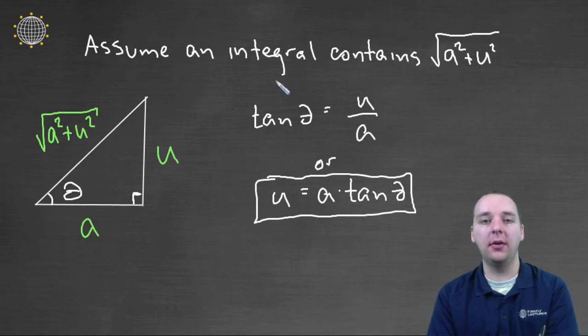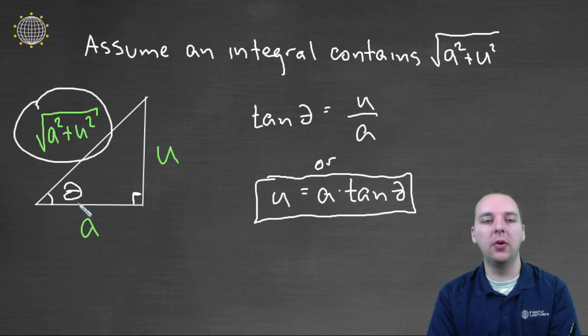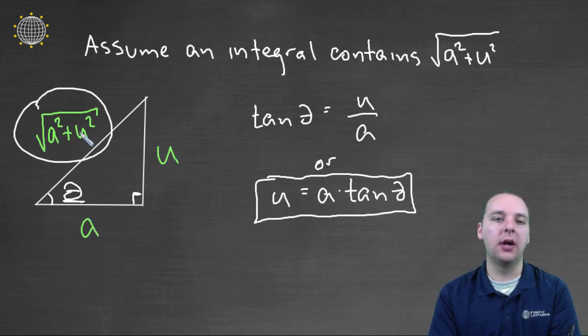Now, if your integral has a radical in it, then we also need a substitution for that radical term. So let's write one down for the radical term. For this one, we want to incorporate theta with the radical. So what uses the hypotenuse? Well, cosine is adjacent over hypotenuse, and sine is opposite over hypotenuse.